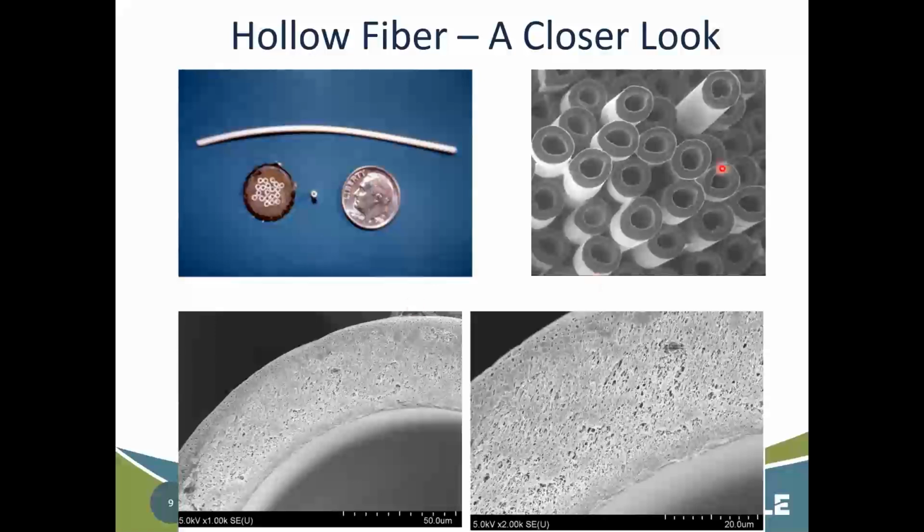Here they are packed in, and if you zoom way in, this is the sidewall of the straw. Water would come from the outside, work its way through that engineered membrane, and then the finished water is on the inside of the wall. And that's how the filtration happens.